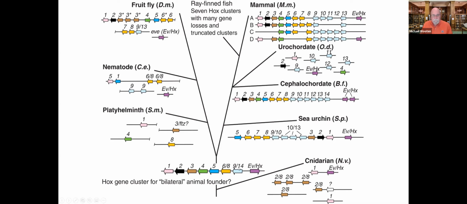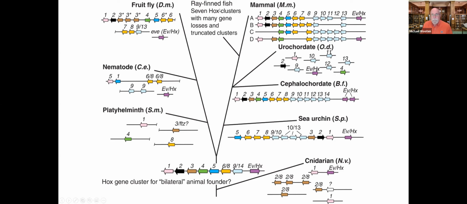They're highly conserved, found in all sorts of areas. And as we move up, they tend to be found in clusters, either clustered on a single chromosome, like you might see in the Cephalochordata, or spread all over the place. The Urochordata has them on a number of different chromosomes. But everything has them.